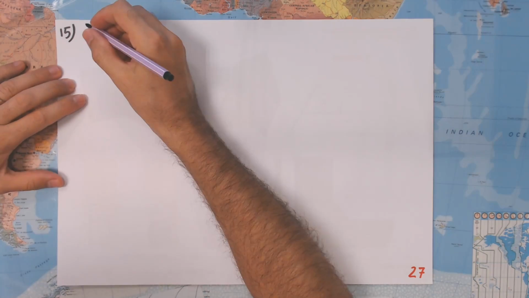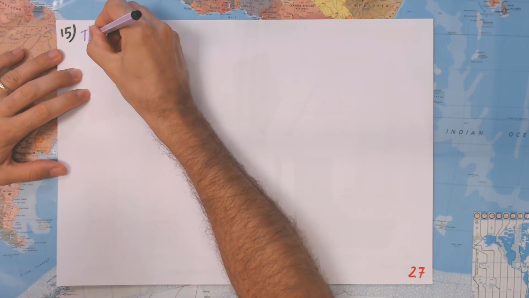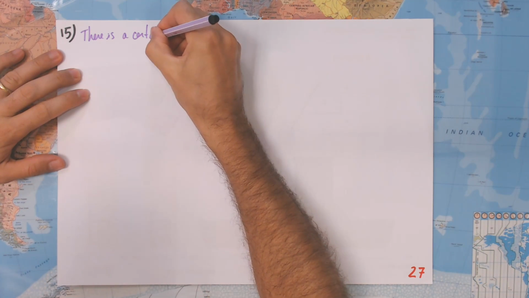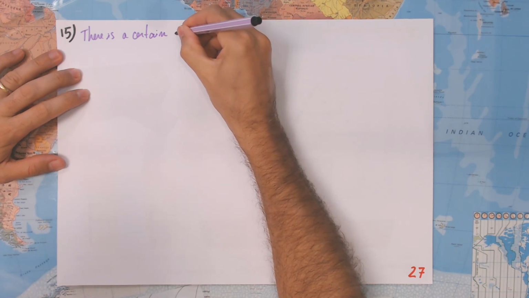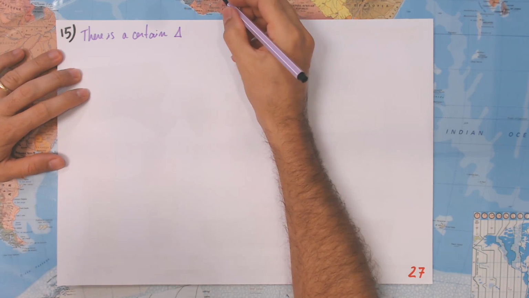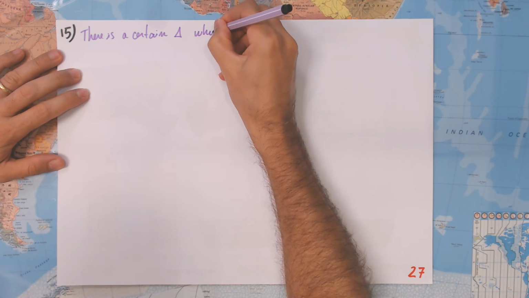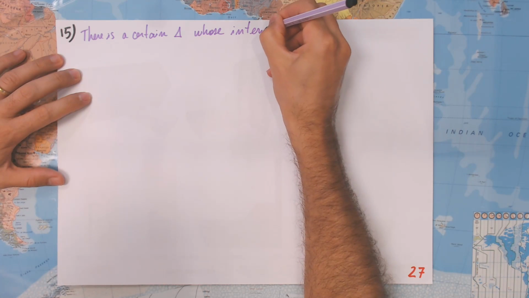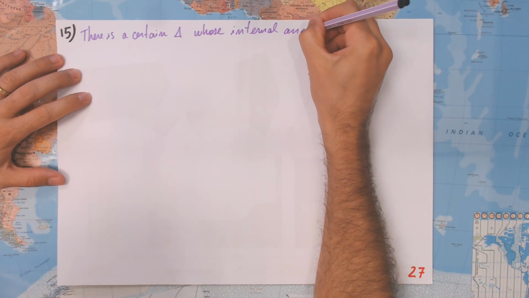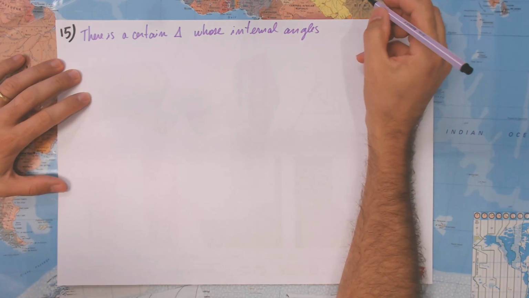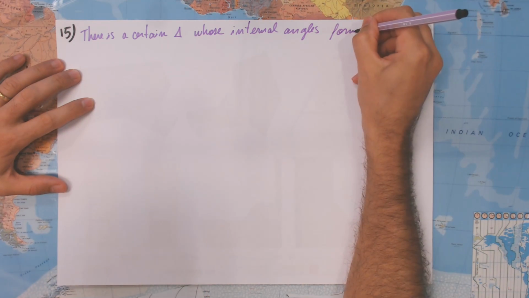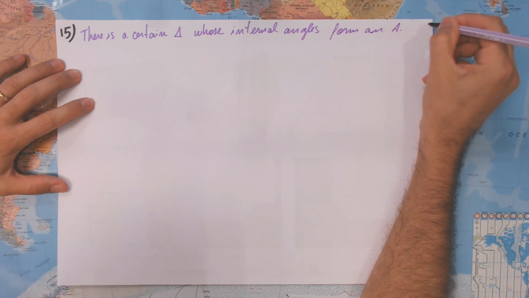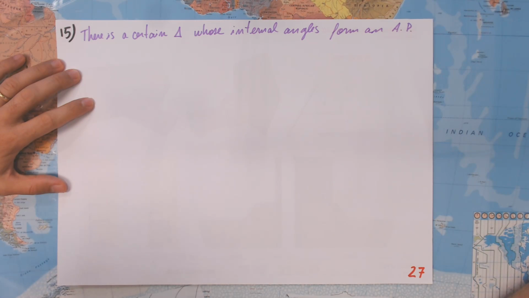Okay, let's see. There is a certain triangle whose internal angles form an AP, okay?